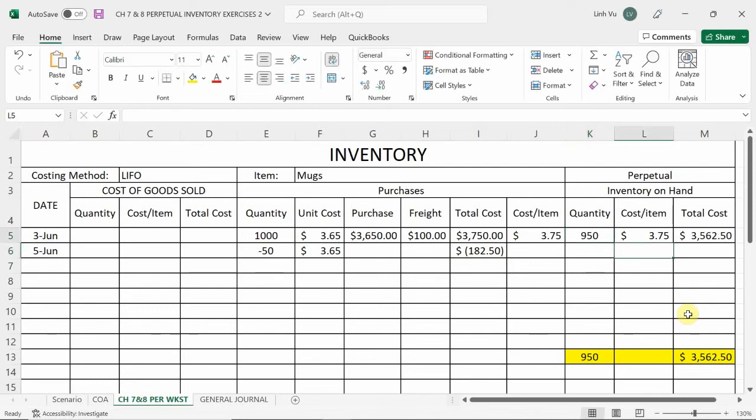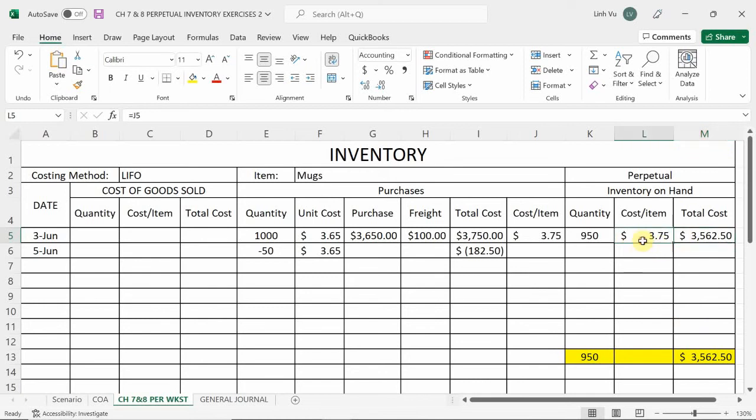And what's my actual total cost now? 3,562. Well, I returned $182.50. So what's my new total cost now? I got a refund. I don't owe that anymore. How much do I owe? $3,562.50.